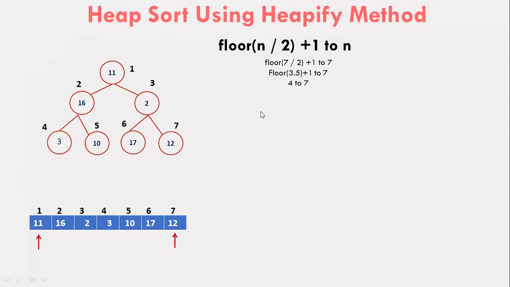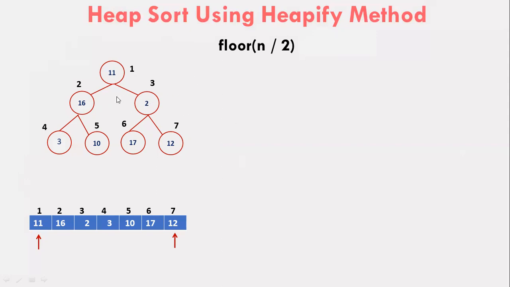So now we are going to use the heapify method for the node with the largest non-leaf index. For that, the formula given is floor of n by 2. Here in this case, we have 7 nodes, so floor of 7 by 2 is 3.